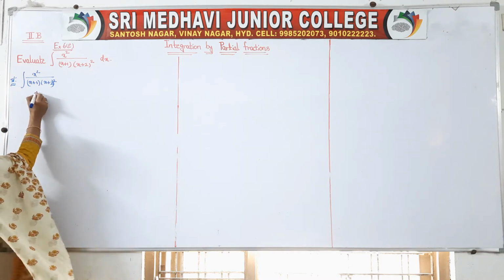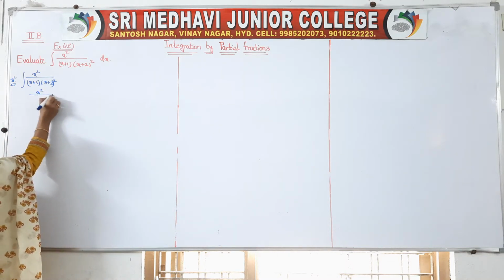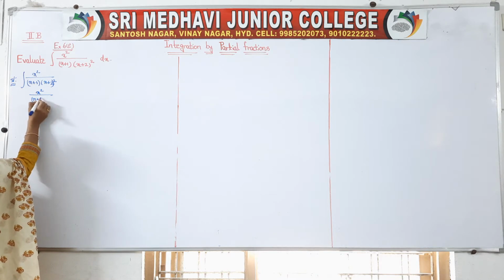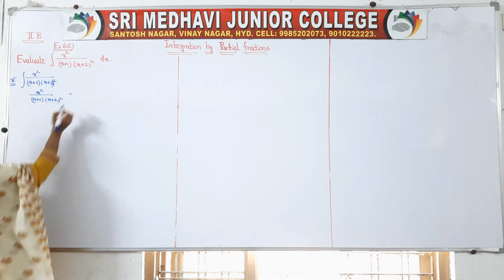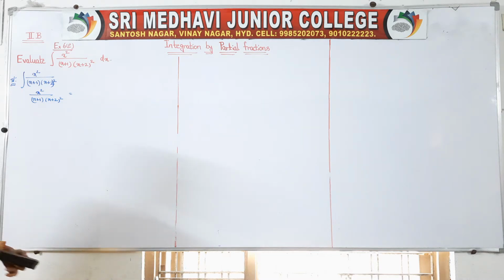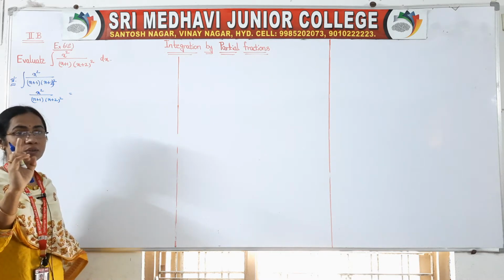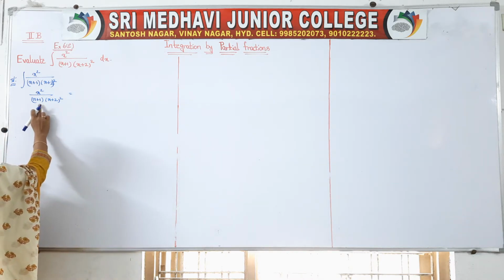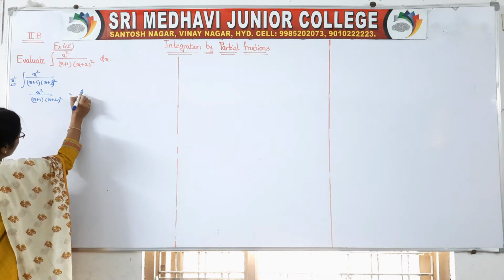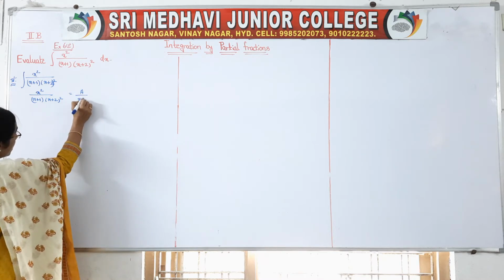So how will we resolve? x square by (x plus 1) into (x plus 2) whole square is equal to, for each linear factor, you take one partial fraction. So for x plus 1 we take one fraction, A by x plus 1.